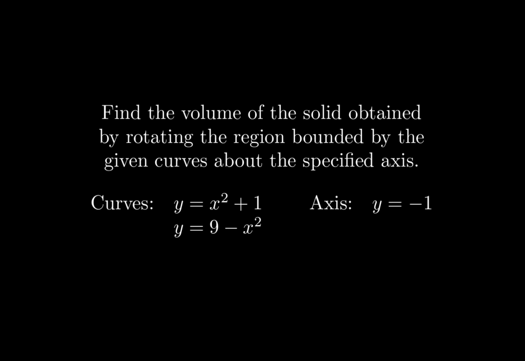Okay, so before I know exactly what technique we're going to use here, it'll help to sketch the curves and try to visualize what this solid of revolution looks like. There are two standard techniques for computing volumes generated by rotating an area around an axis: the cylinder method and the shell method.